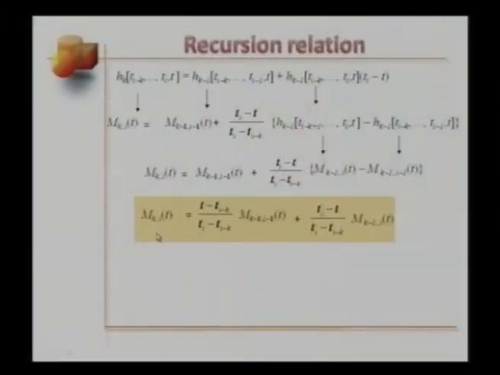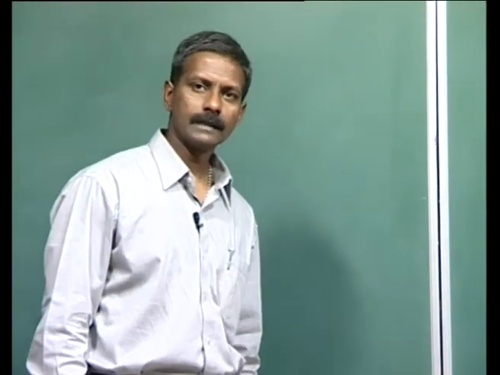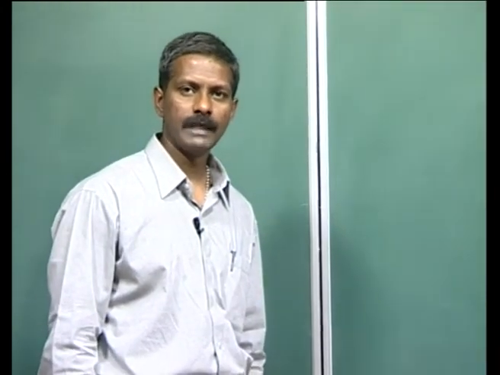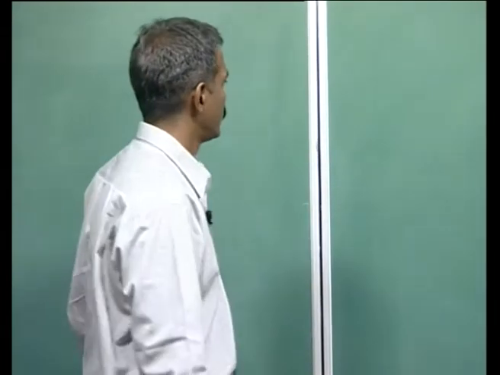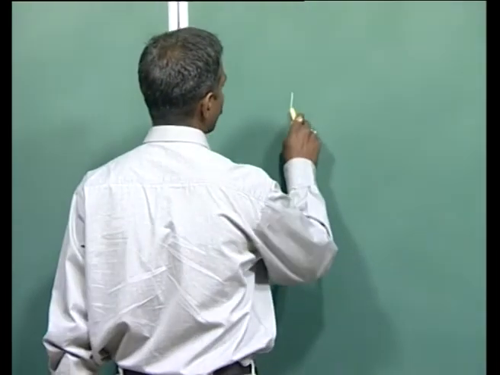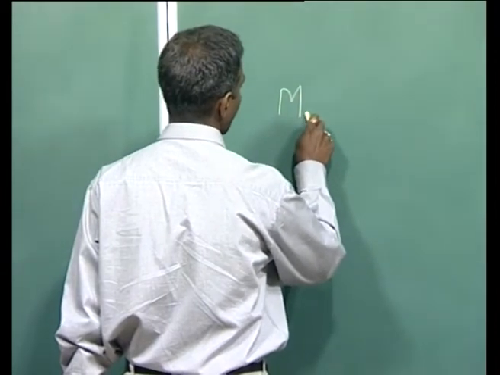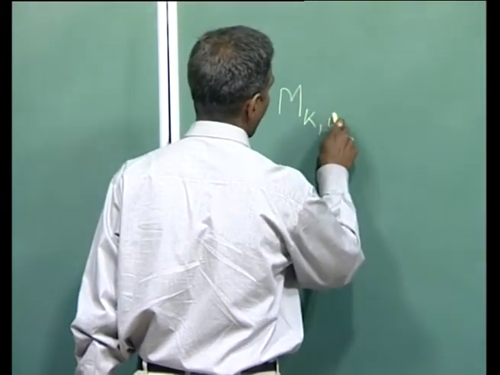This looks a little complex in first go, but there is a very easy way for us to remember this expression. Let me explain this on the board. This is the way I remember to write the recursion relation for B-spline basis functions. Say I have to write the recursion relation for m_{k,i}(t).